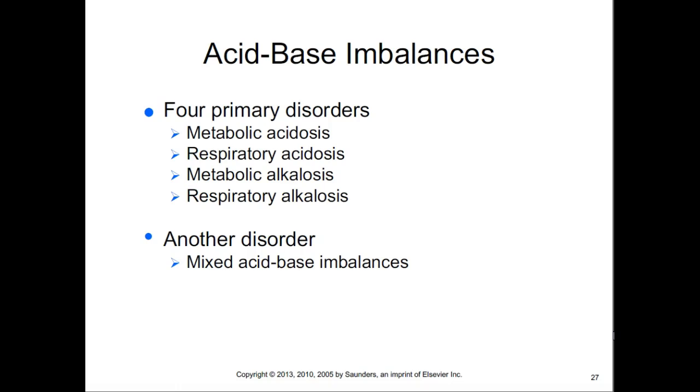I think you can try to appreciate what this means by looking at your carbonic acid buffering system before you try to tackle these disorders. Just look at the equation and see what we might be dealing with here.